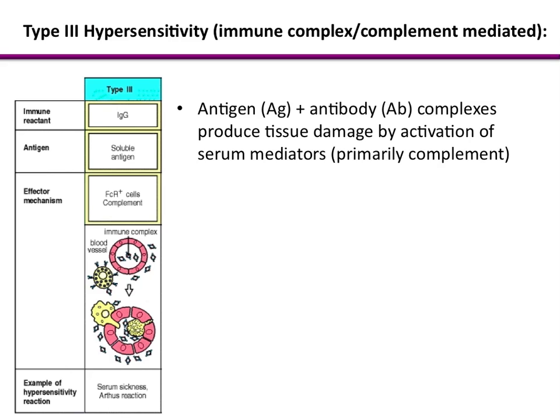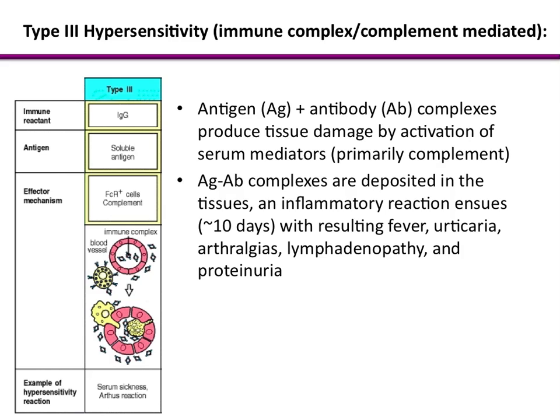So as I mentioned already when we talked about complement, it is very important in processing these antigen antibody complexes, and this should be taking place somewhere safe and not causing damage to the host. If these complexes are deposited in the tissues, and complement activation starts there, it's a strong inflammatory reaction, and can cause systemic symptoms like fever, broad areas of urticaria, arthralgias, and so forth.